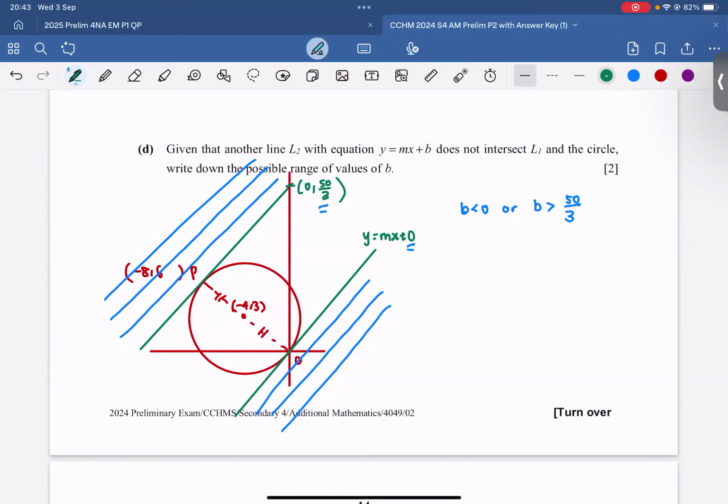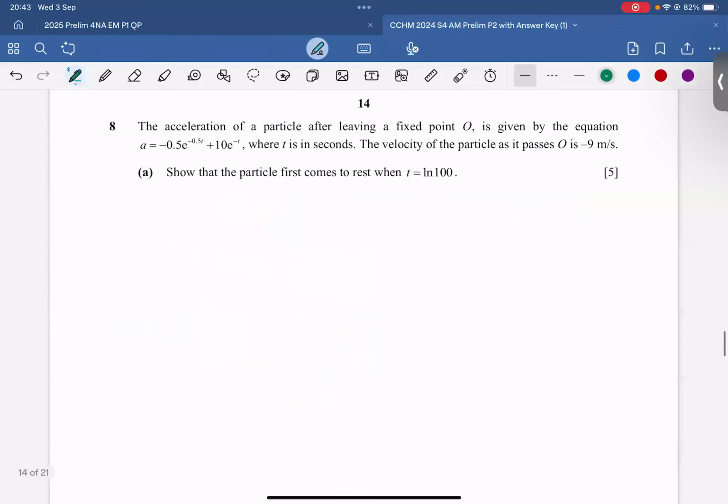Okay, next. The acceleration of a particle is this. Show that the particle first comes to rest. Rest means the v is 0. So we need to integrate my a in order to get my v. So v is actually the integral of this.